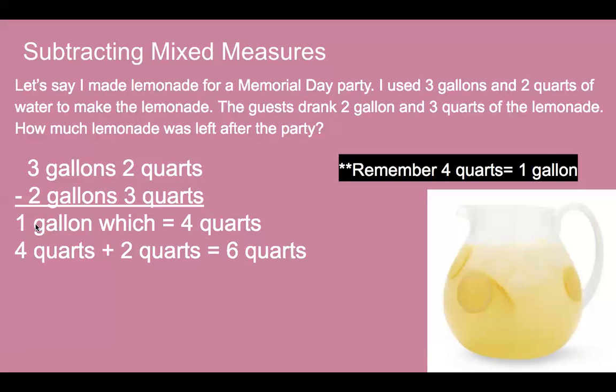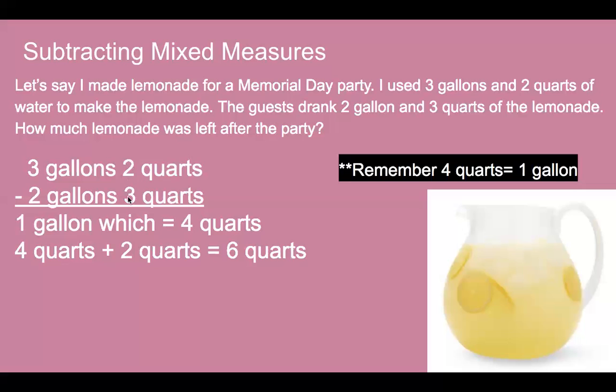So if I think of this gallon that I got after I subtracted, I can think of a gallon as 4 quarts because that's an equal amount. 1 gallon is equal to 4 quarts. So then I'm going to take those 4 quarts, add the 2 quarts here that wasn't enough. So this is my regrouping here. 4 plus 2 equals 6 quarts.